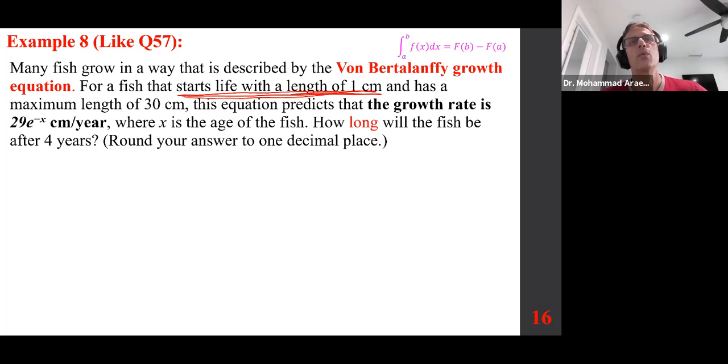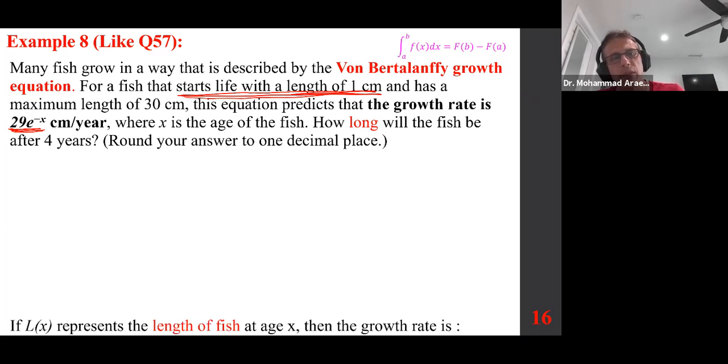So what do we do now? We're going to go through the same process as the previous example. This is the growth rate. That means the derivative function in essence. So if capital L of x, because we are looking at the length, represents the length, then this represents L prime of x, or dL/dx, or the growth rate.